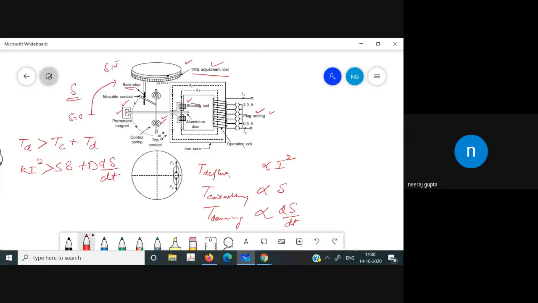In this case, K is the deflection constant, S is the spring constant, and D is the damping constant.